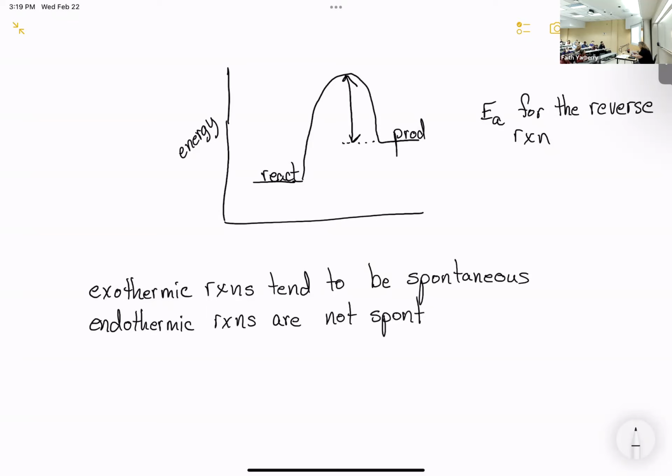Now, folks, just because we are using this word spontaneous doesn't mean it's easy. Just because we say it's going to go doesn't mean it's going to do it easily.